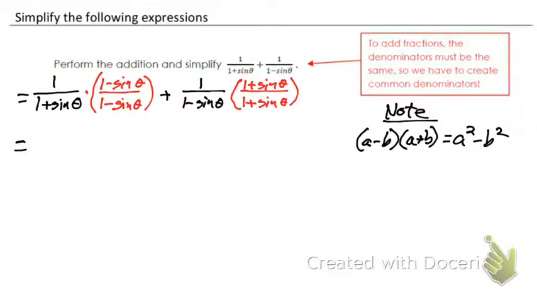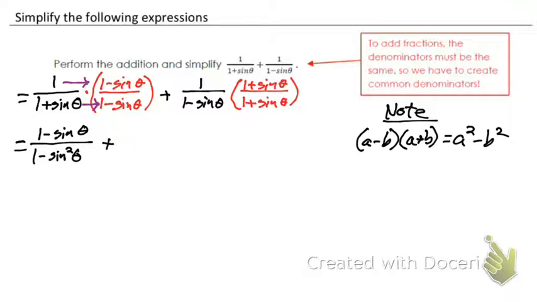All right, let's simplify this. So we take this and multiply it by 1. When you're multiplying fractions, just a quick rehash, you multiply straight across. So you're going to do 1 times 1 minus sine theta, so our top is just going to become 1 minus sine theta here, all over 1 plus sine times 1 minus sine theta, which is going to become 1 squared, which is just 1, minus sine squared theta.